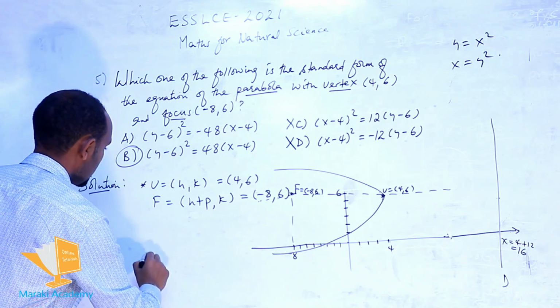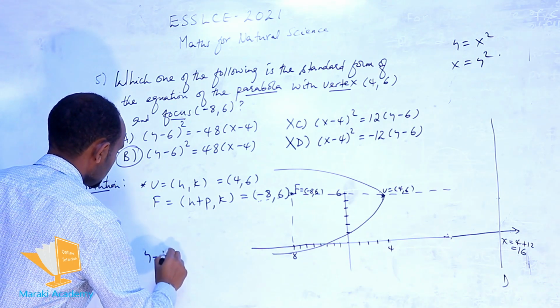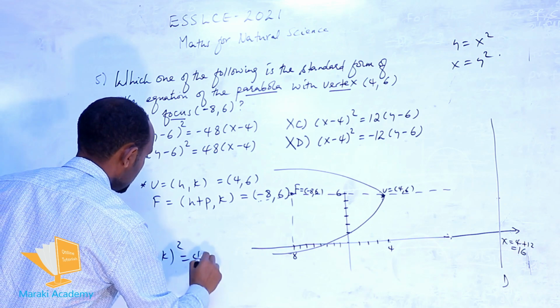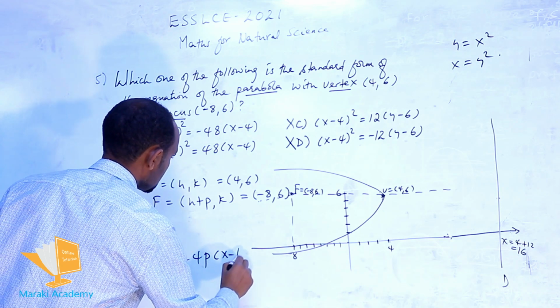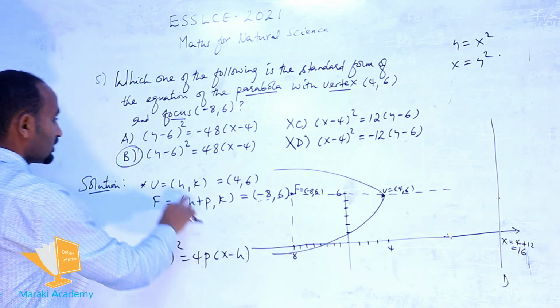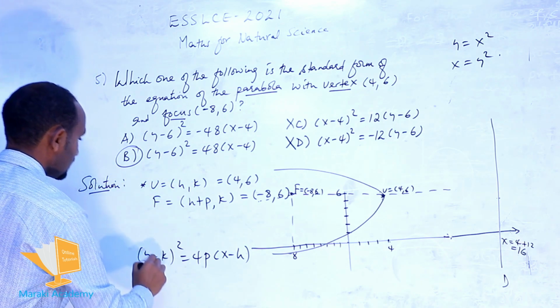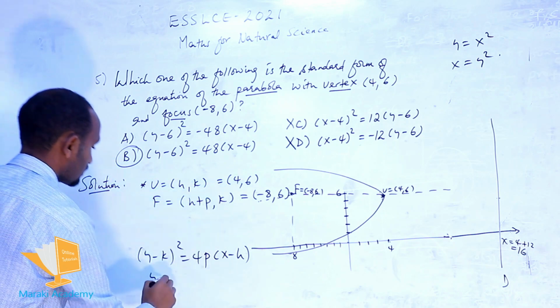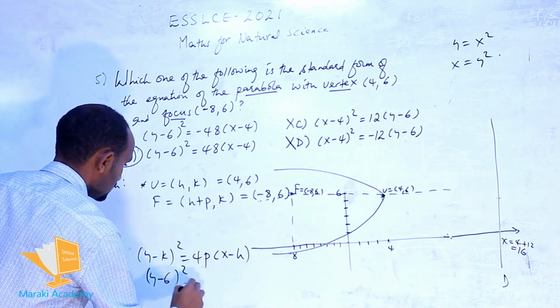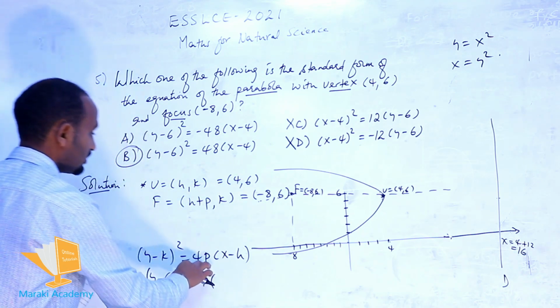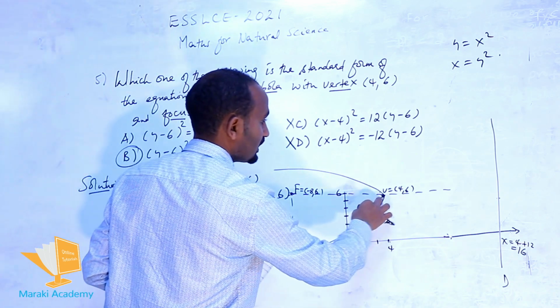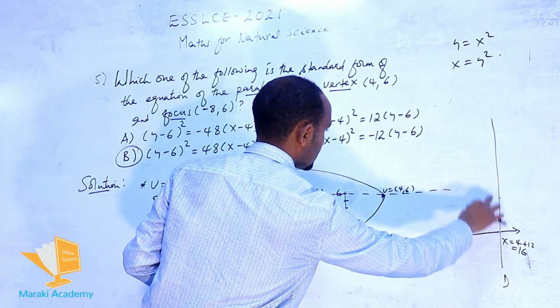The standard form is y minus k, okay, squared, equal to 4p into x minus h, where k and h are the coordinates of the vertex. So it means y minus, what is k? 6. Y minus 6 the whole squared is equal to 4 times p. P is the distance between the vertex and the directrix.